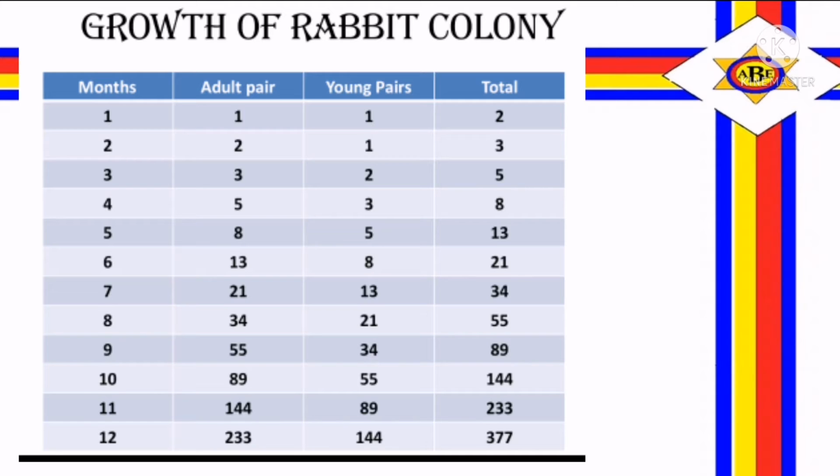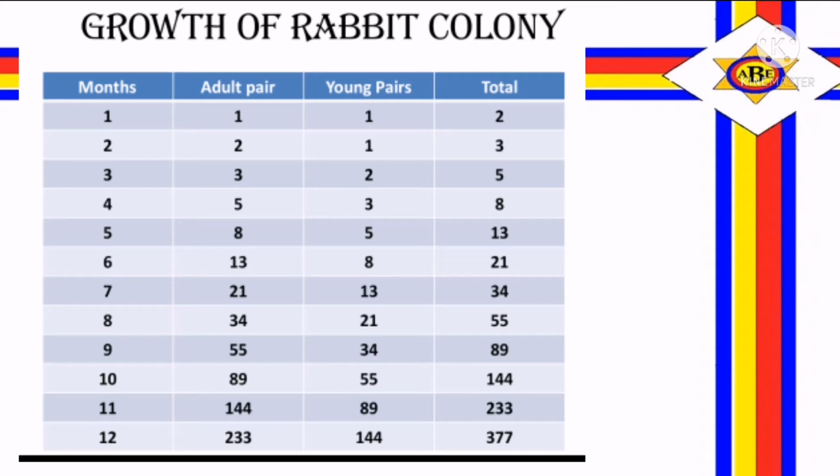On the first month, we have 1 adult pair and 1 young pair. So that's why the total is 2. Then, on the second row, we have second month, and then 2 adult pairs, and then 1 young pair.